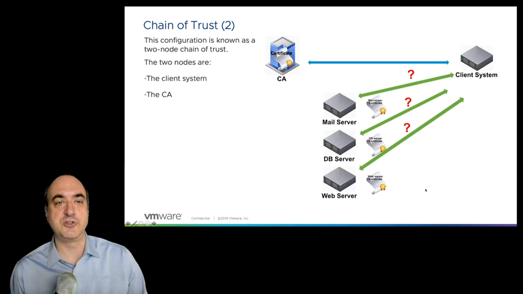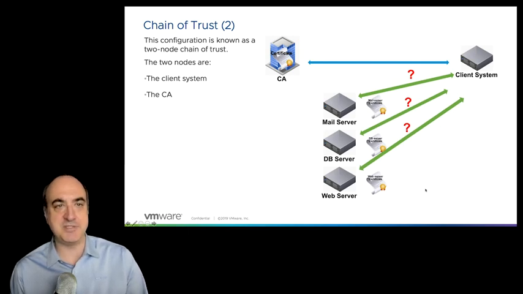Does the client system trust that those are who those systems claim to be? Well, if the client system trusts a corporate certificate authority, and the certificate authority issues certificates for those different servers, then the client system would trust that those are those systems, right? Well, the thing is, if that certificate authority is the VMCA, the client systems don't have any native trust with that.